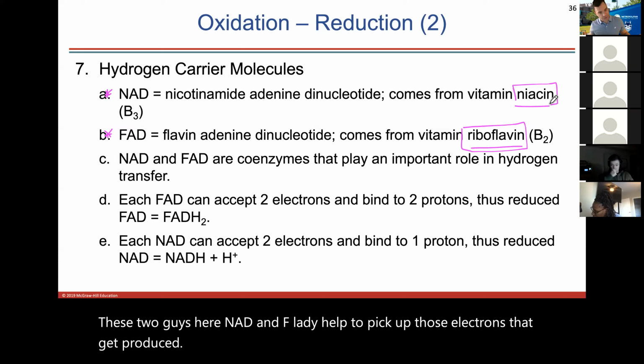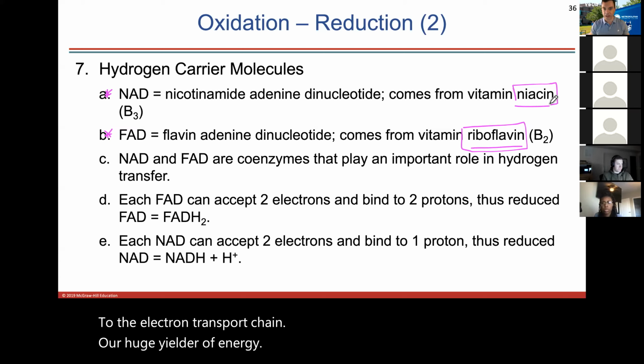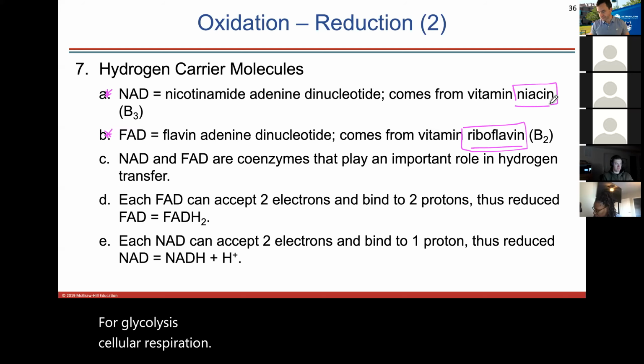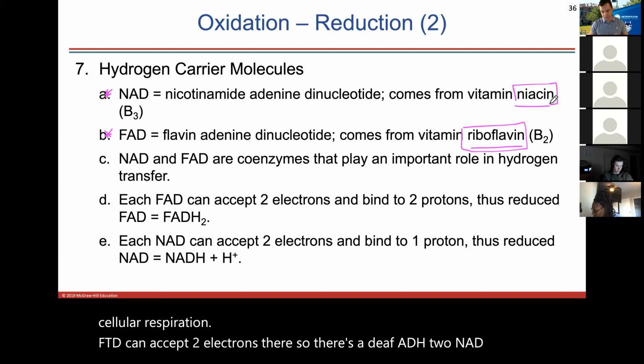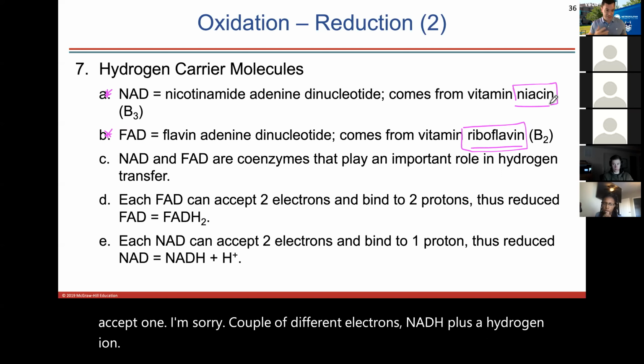And they escort them to the electron transport chain, our huge yielder of energy for cellular respiration. Okay. FAD can accept 2 electrons, so there's its FADH2. NAD can accept a couple of electrons, NADH plus a hydrogen ion. So that's what these creatures are.